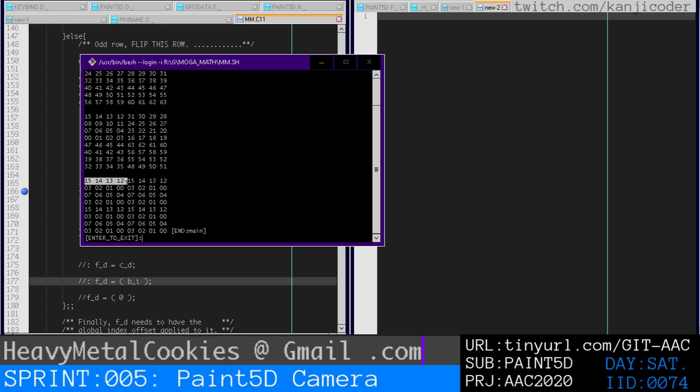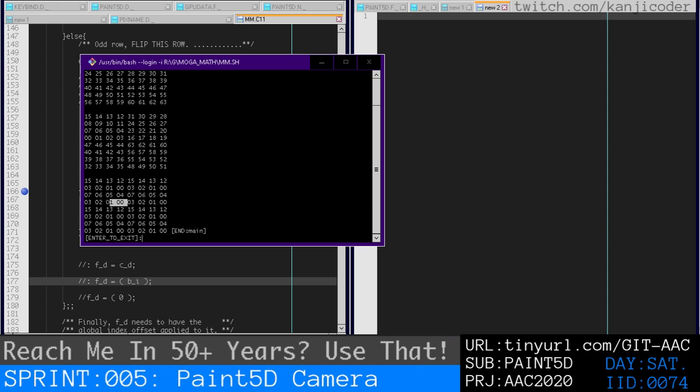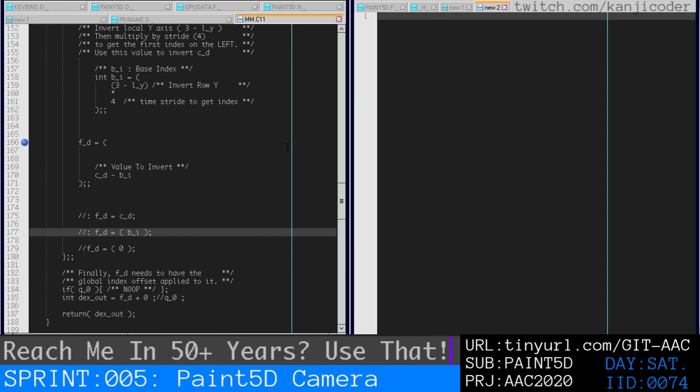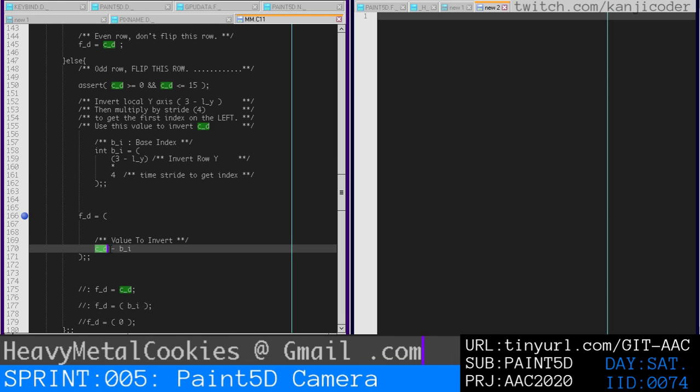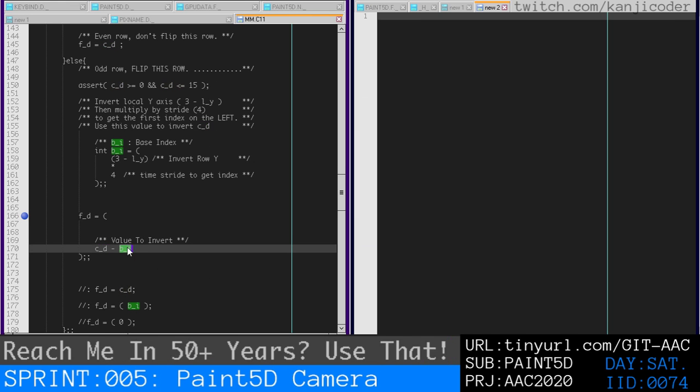So 12, 13, 14, 15. 0, 1, 2, 3, 4, 5, 6, 7. That's correct. 0, 1, 2, 3. Okay, so 0, 1, 2, 3, because we inverted it with the base index. And then we have to add that base index back on, right?